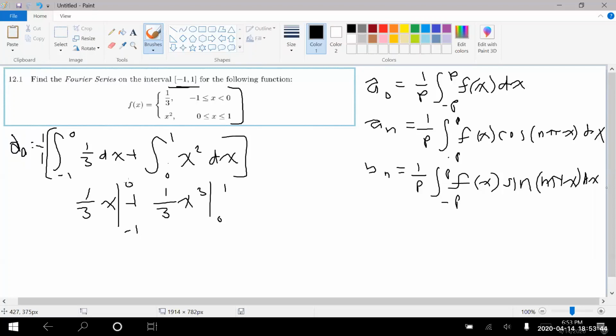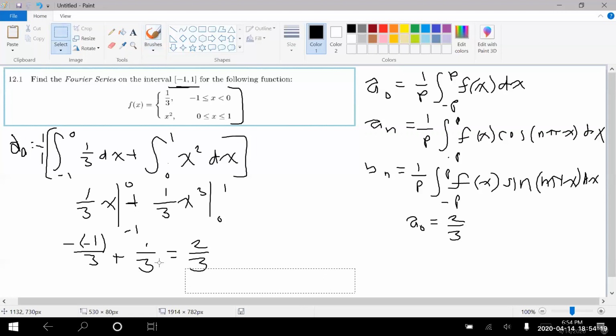When you do this, you evaluate at 0 and you get 0, and you have minus negative 1 over 3, so you have a positive 1 over 3, and then plus our 1 over 3, 1 cubed, so this whole thing equals 2 over 3. So we have our a sub 0 equals 2/3.